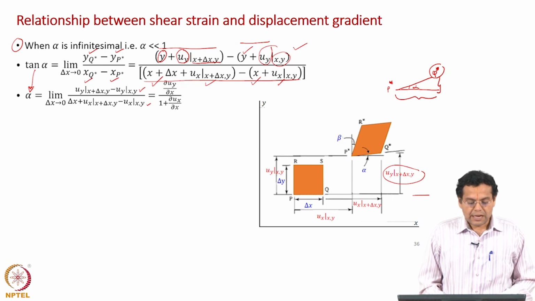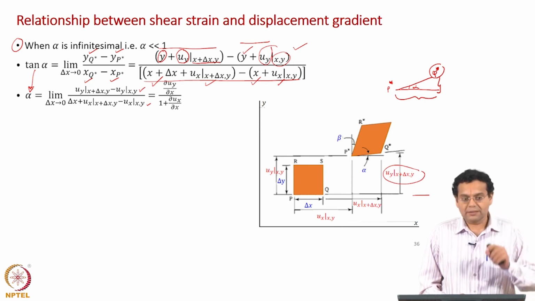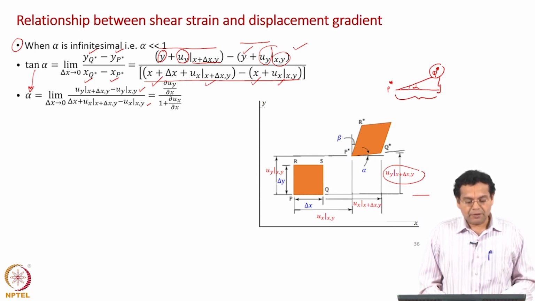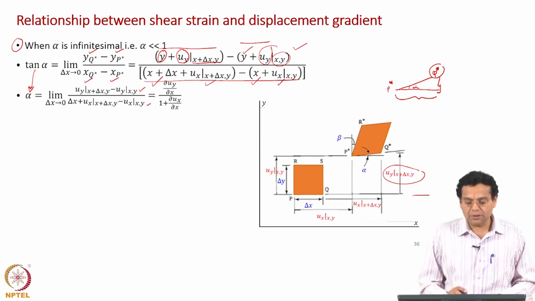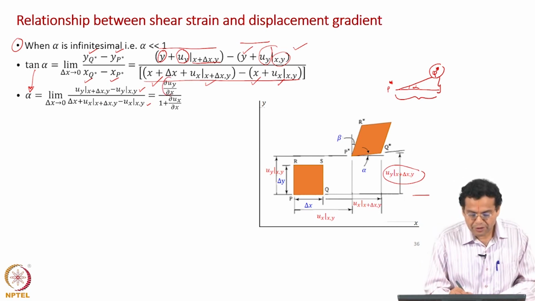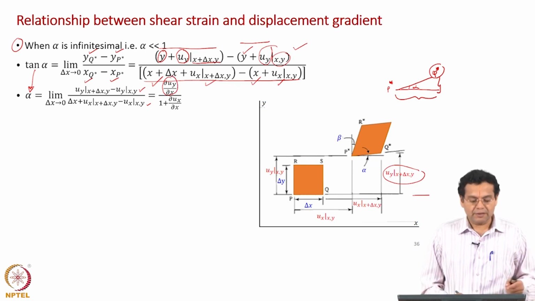Now, I will take the limit delta x tending to 0. Look at the numerator, it is u y at x plus delta x minus u y at x, and when you divide by delta x and take the limit delta x tending to 0, you will get dou u y by dou x.